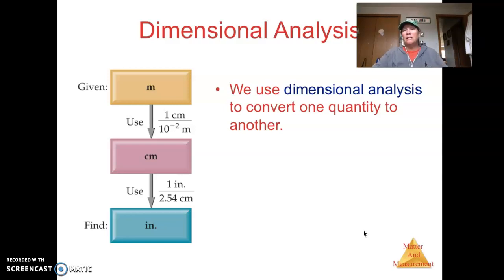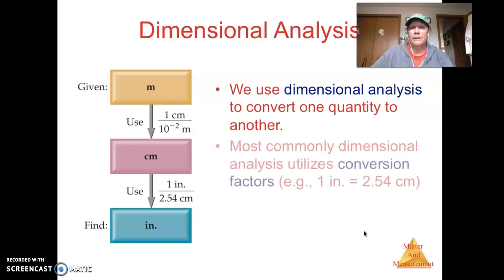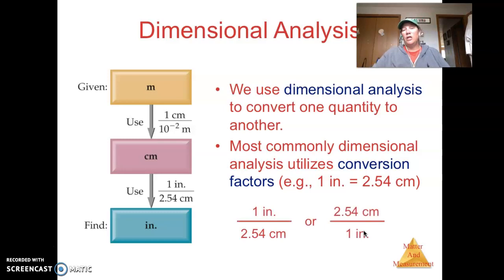When we start doing these conversions, chapter 3 is where we really hit dimensional analysis. I'll show you again how to do these. Really, I'm just taking meters and changing it to inches. They equal each other, so whenever we use a conversion factor, we're basically multiplying by 1. When changing inches to centimeters or centimeters to inches, we use 2.54.